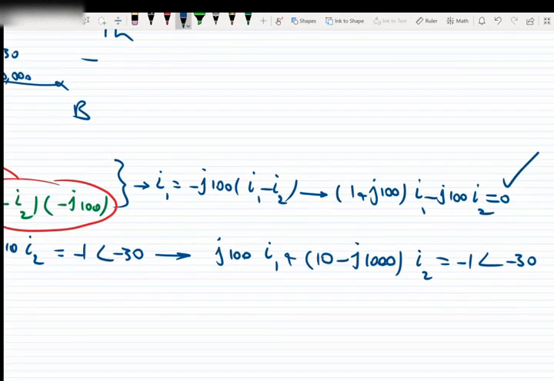We can convert this negative 1 to 1 by adding 180, so it's 1 with like 150, I think.